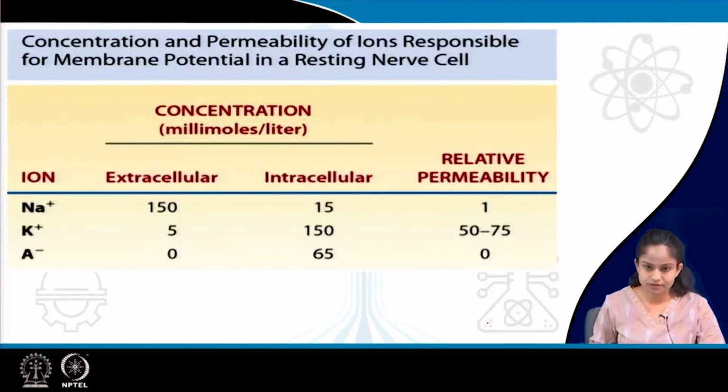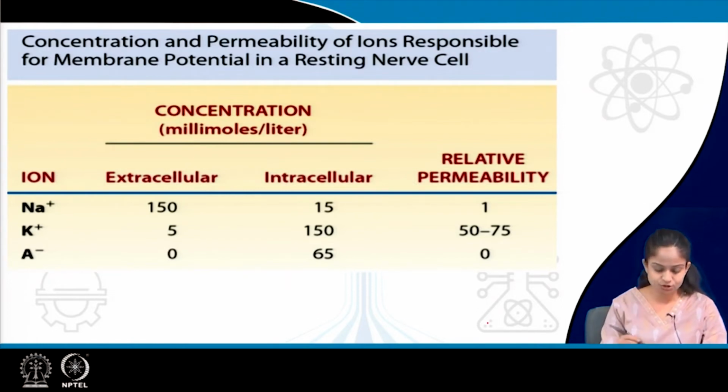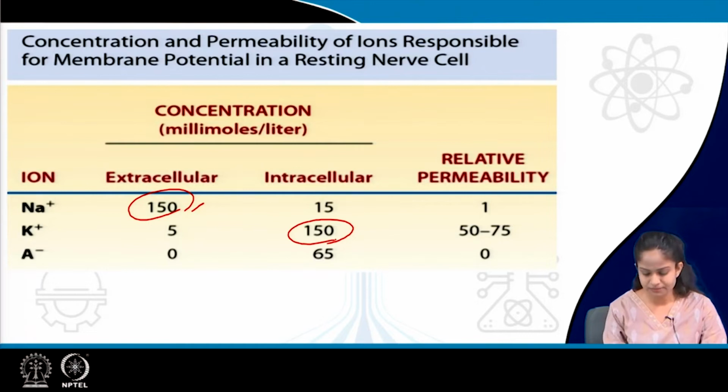Now, we already know there is an unequal distribution of ions intracellularly as well as extracellularly. Sodium ions are present in huge numbers extracellularly, and intracellularly we have the potassium ions.